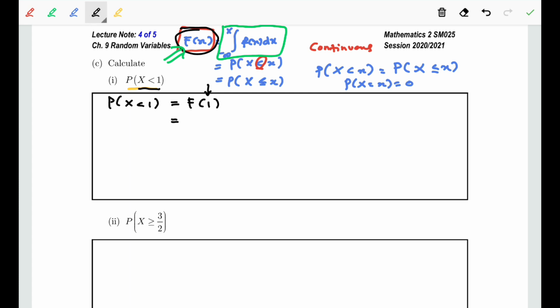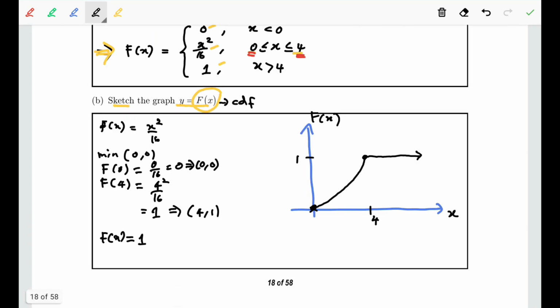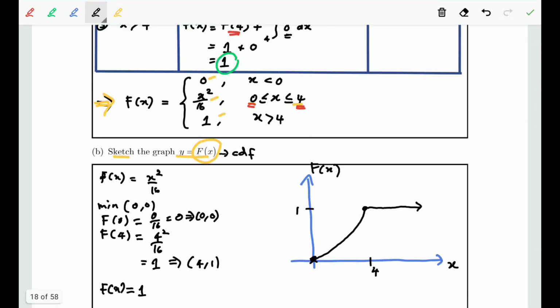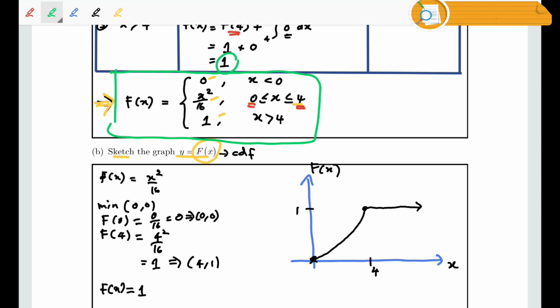We are going to go back to the previous part. Here we are going to use this function. Now we substitute x equals 1, so we have to find where x equals 1 is located. Obviously x equals 1 is in between this interval, located here.